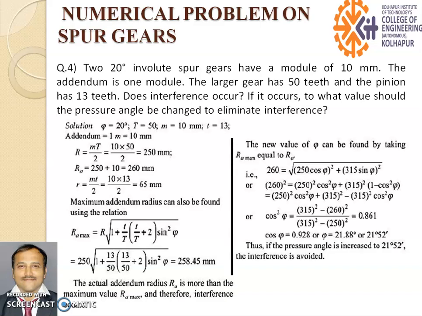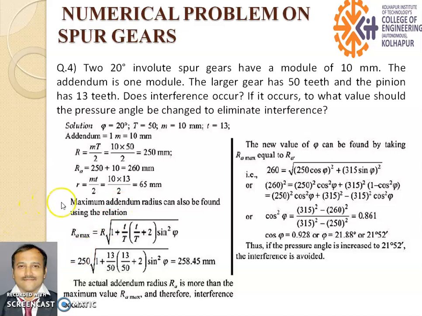So solution, given parameters: phi is equal to 20 degree, teeth of bigger gear 50, module 10 mm, teeth of pinion 13, addendum 1 m is equal to 10 mm. So we can calculate capital R, the radius of bigger gear, 250 mm, addendum radius of bigger gear 260 mm, and radius of pinion 65 mm.